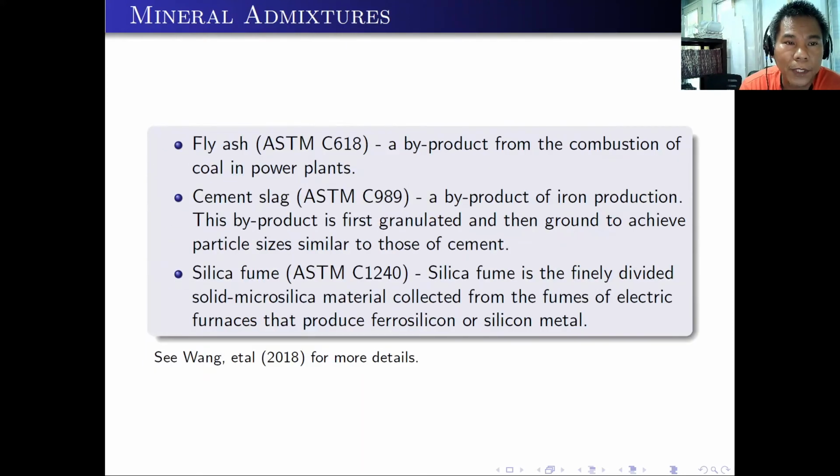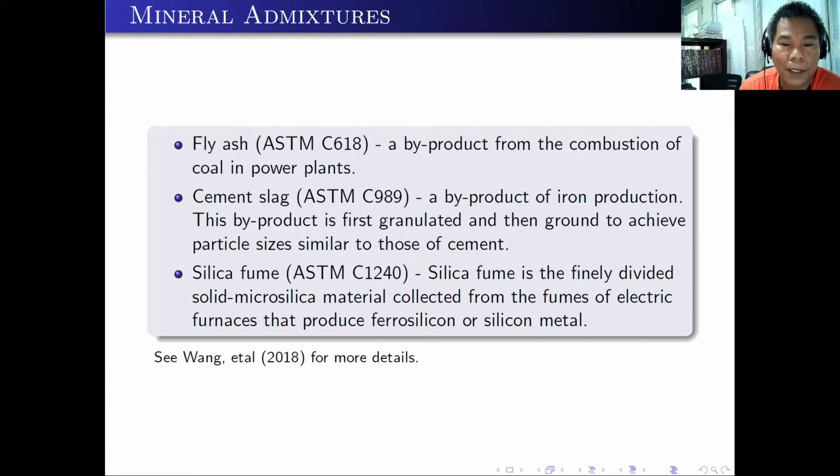economy. For the mineral admixtures, we have the fly ash. Of course, you have to use the specification ASTM C618 for the fly ash. This is a byproduct from the combustion of coal in power plants. Also, we have the cement slag. Use ASTM C989 for the specification of this. This is a byproduct of iron production.